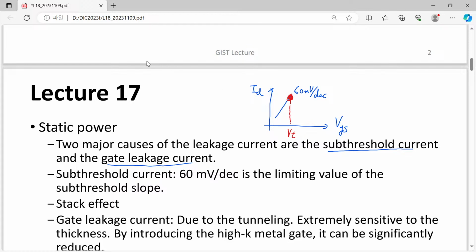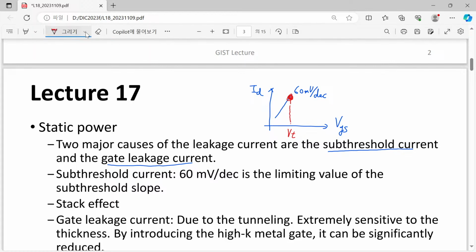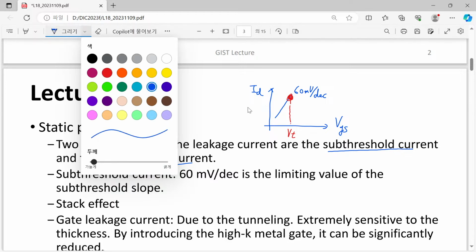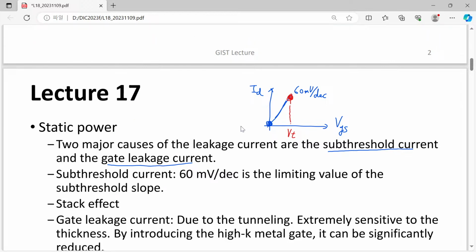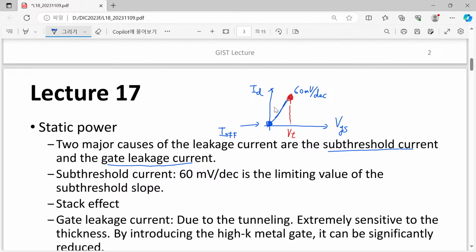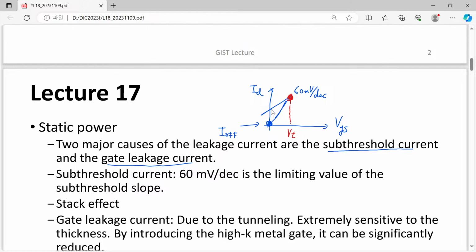If you have a subthreshold slope of 60 millivolt per decade, then you will have this steep one, and so your off current will be low. However, if you have a worse subthreshold slope, then eventually your off current level will be increased.